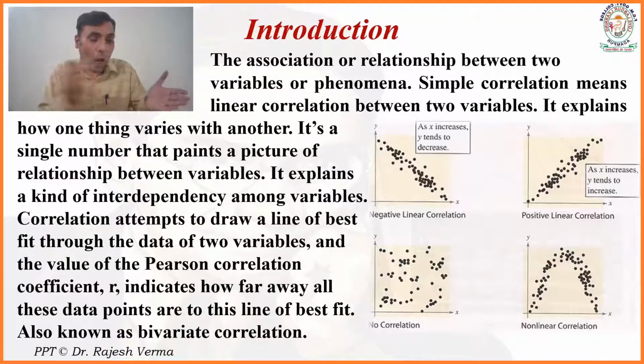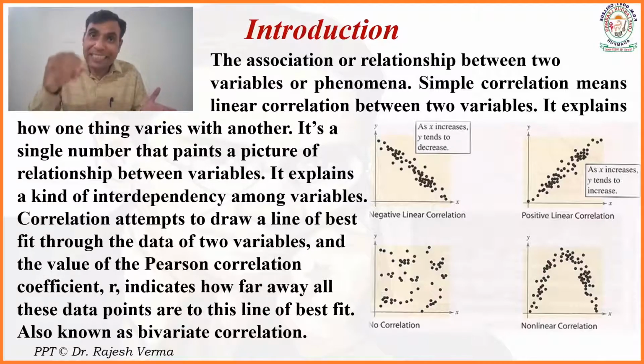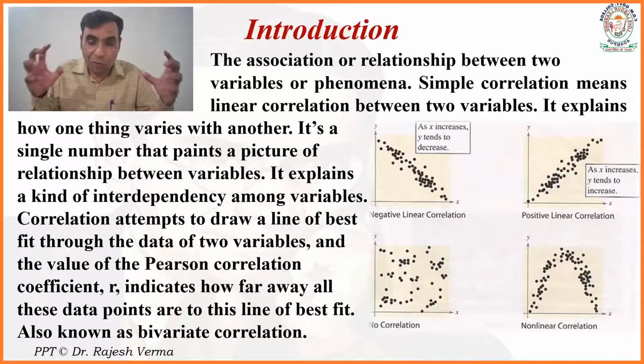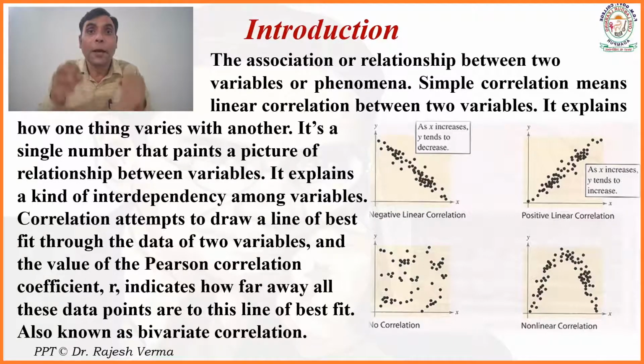It explains how one variable varies with another one. It's a single number indicator that paints a picture of the relationship between not only two variables, but two situations. We can express this relationship or association only when the phenomena are measured in metric data. It explains a kind of interdependency.